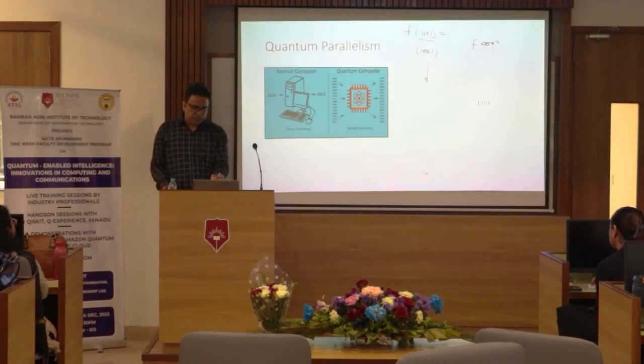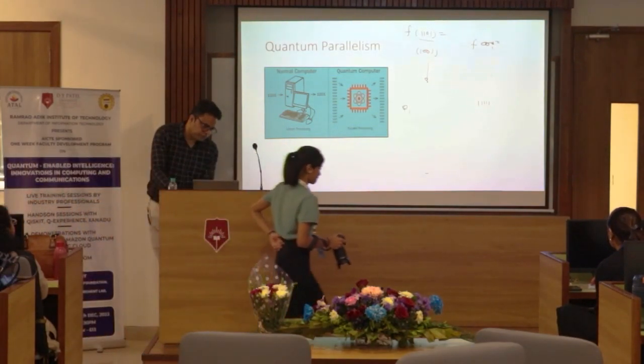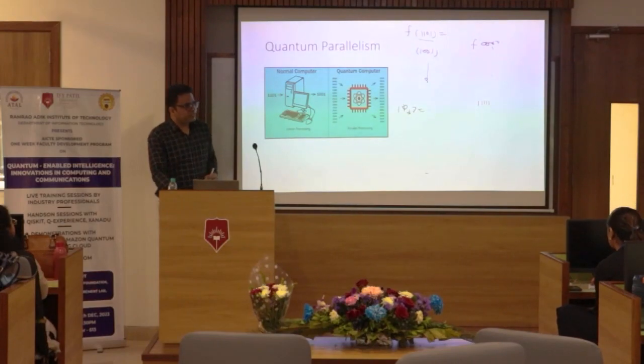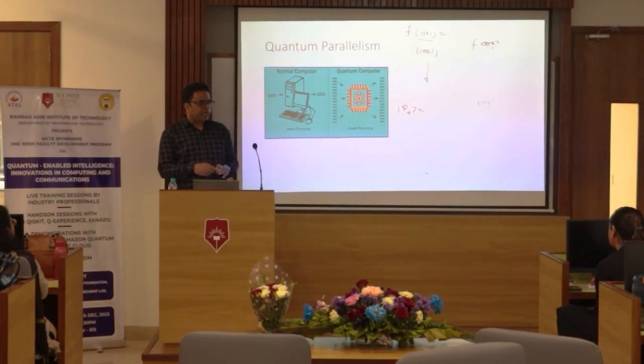So what will happen in the quantum computer? Instead of these 4 bits, we will have 4 qubits. Let's call it the 4-qubit system. And if we create an equal superposition of them, then what we will get?